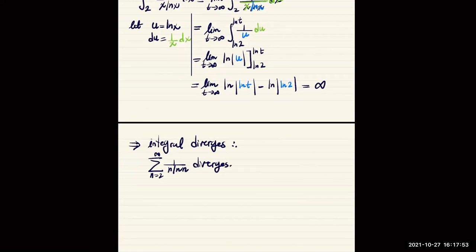Guys, please don't forget to make a reference to the theorem, and that's by the integral test.